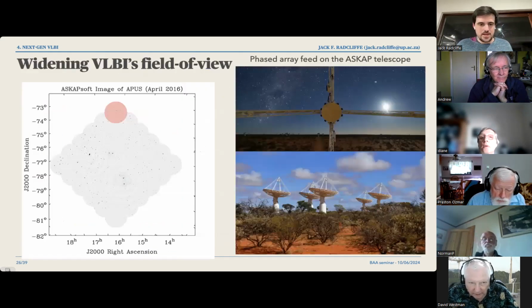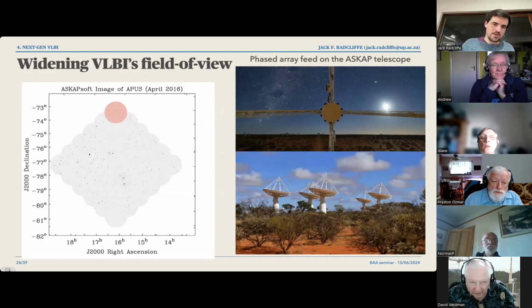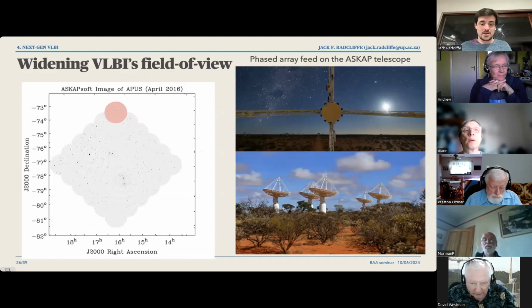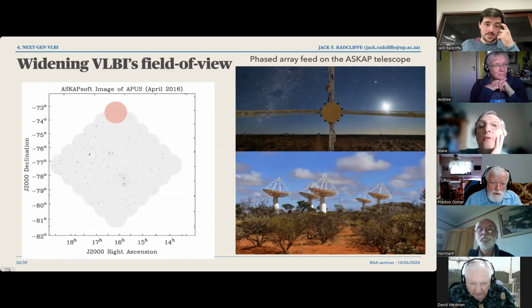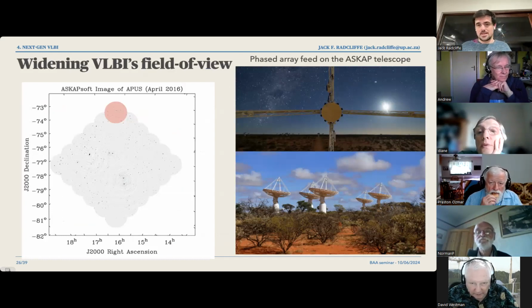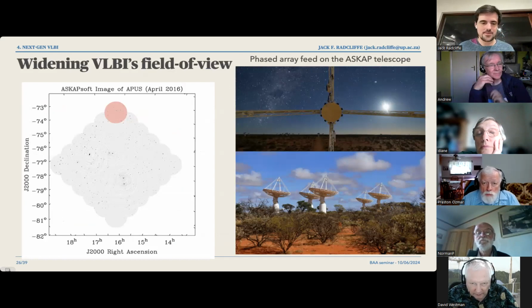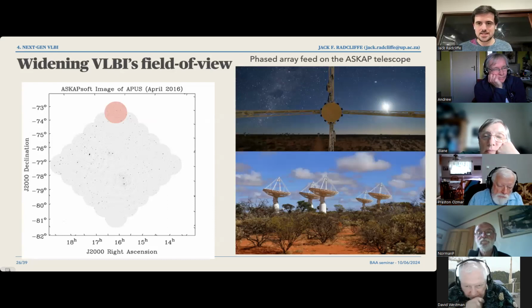The other thing that we have now is this push to not just widen your bandwidths, but widen the fields of view. How much of the sky can you see at once? So on the right-hand side, this is the ASKAP telescope. This was the Australian precursor telescope to the Square Kilometre Array. And instead of having a single pixel feed, you have a multi-pixel feed at the end. This is what we call the phased array feed.